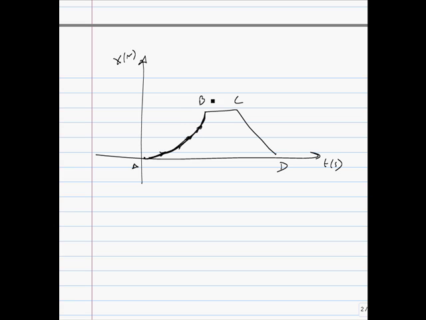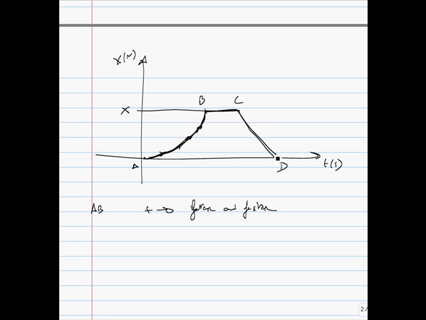Therefore, I'm going faster and faster in a positive direction between A and B. From B to C, it appears that I'm staying in the same position because my x doesn't change. Therefore, from B to C, I'm staying still. Again, I can confirm this because my slope is 0.